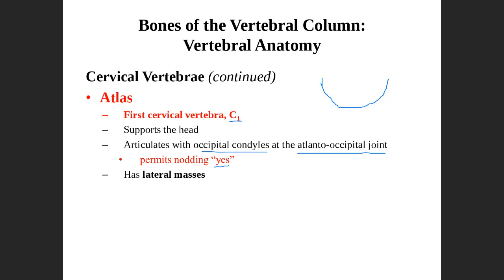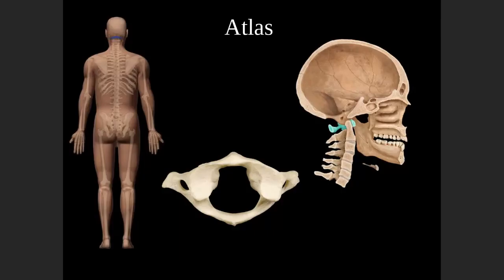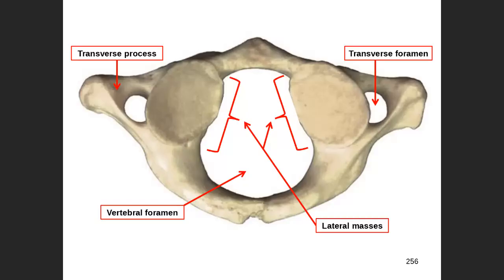Okay. So the occipital condyles are going to articulate with these structures here. You need to know these. These are called the lateral masses, and let me show you what that is before I go on. Here's the atlas. And you can see where it's located, right here. Very first vertebrae of your neck. Okay, here's the atlas.